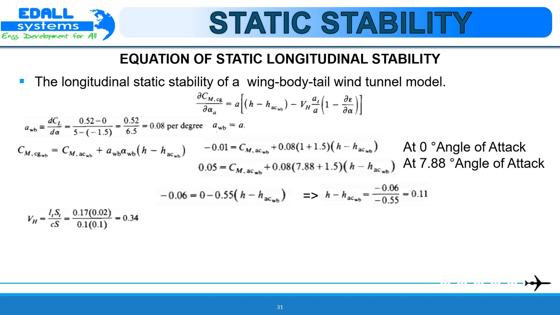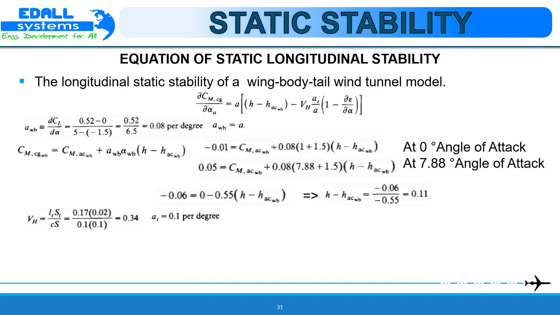Now to find the tail volume ratio VH, we have lT ST is the volume characteristics of the size and location of the tail, and c S is the volume characteristics of the size of the wing. By substituting the values, we get 0.34.